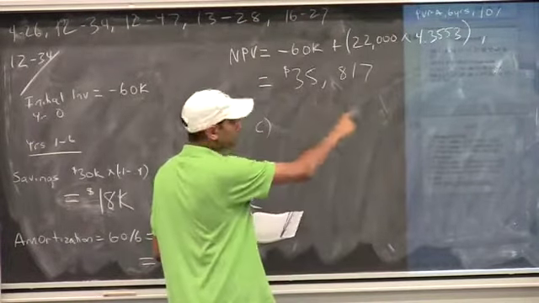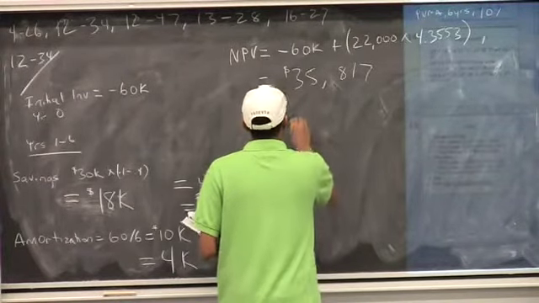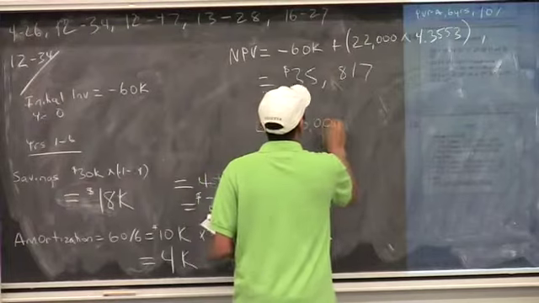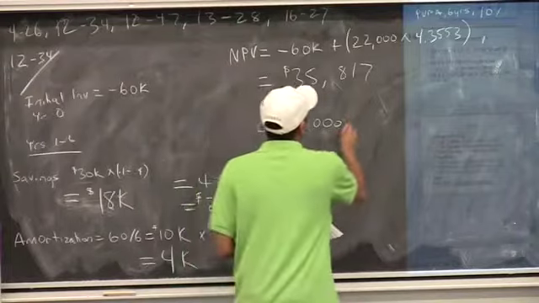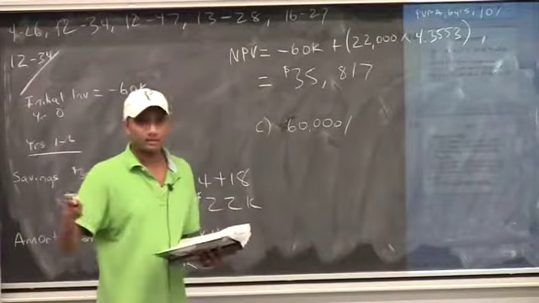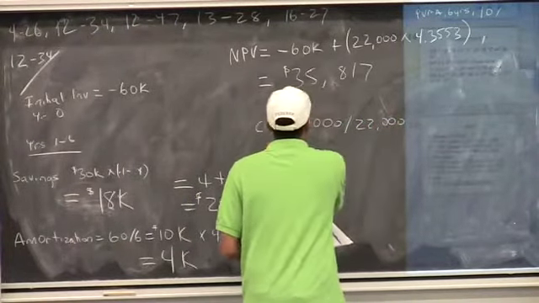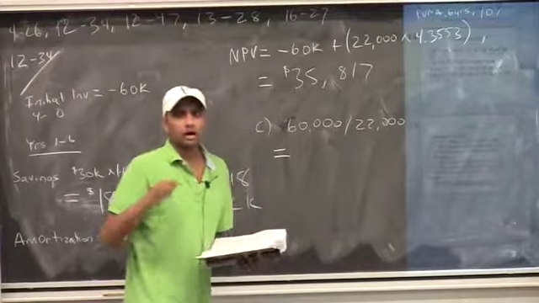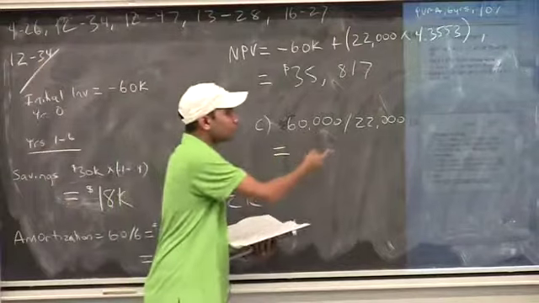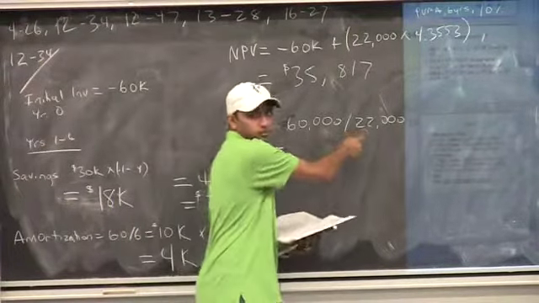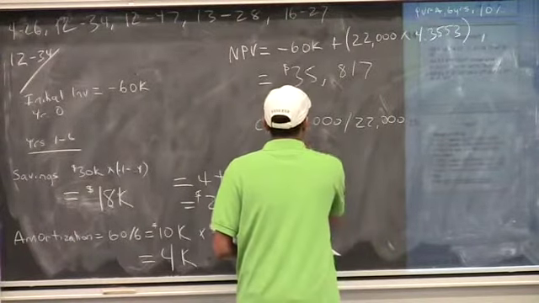So you have 22 each year, and you paid 60,000 for this equipment. Because the cash flows are consistent every year, you can just divide 60,000 by 22,000. It's simply how many years it will take to pay this 60,000 off. Obviously it's under 3 years, because if it was 3 years, it'd be 66K. So if you do that, it's 2.73.